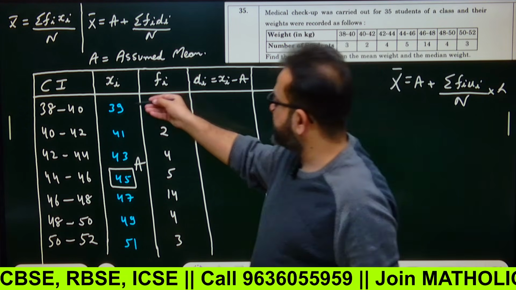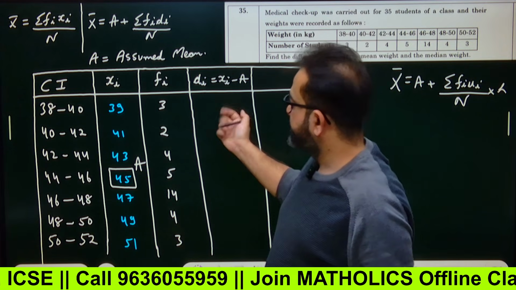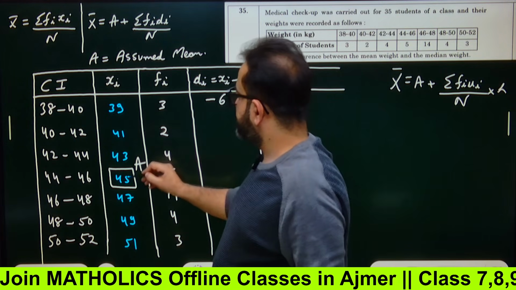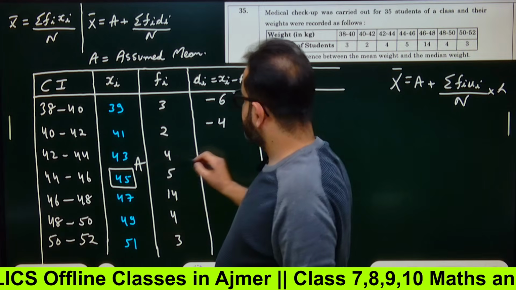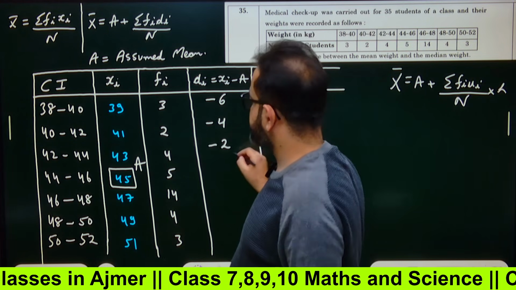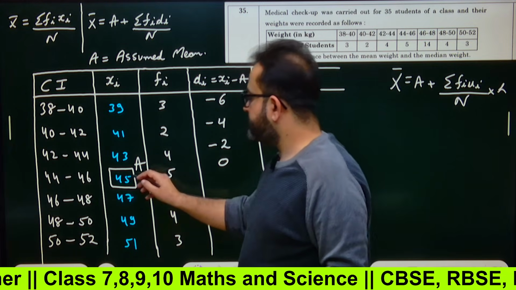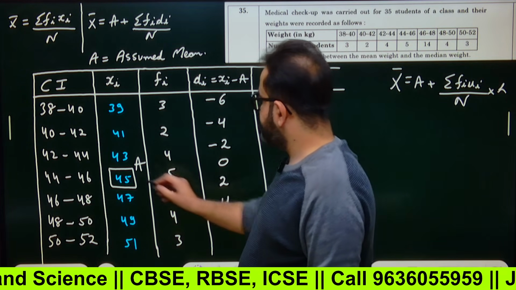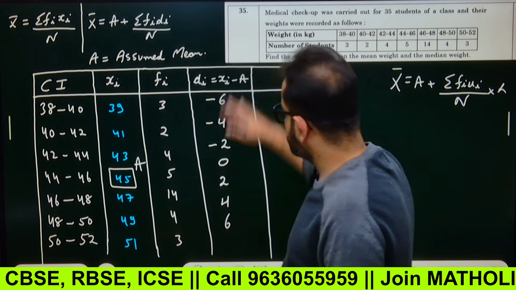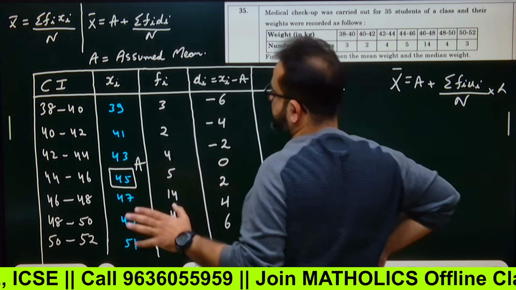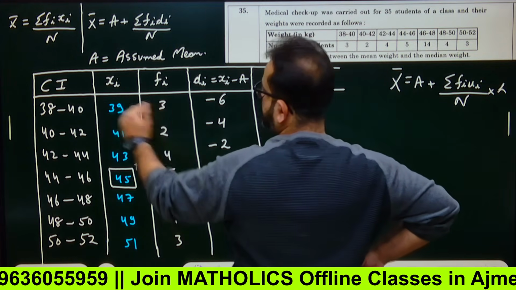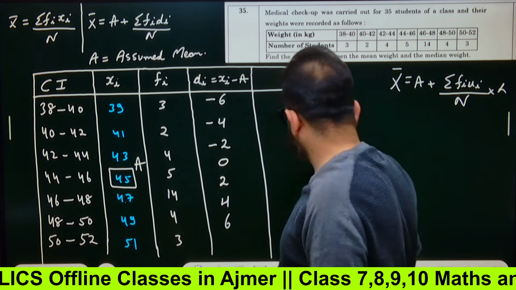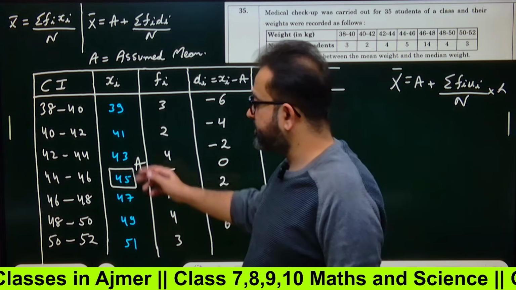Now you do xi minus a: 39 minus 45, 41 minus 45, and write it in the corresponding row. 39 minus 45 is minus 6. 41 minus 45 is minus 4. 43 minus 45 is minus 2. 45 minus 45 is 0. 47 minus 45 is 2. 49 minus 45 is 4. 51 minus 45 is 6. How did we get these values? di equals xi minus a.